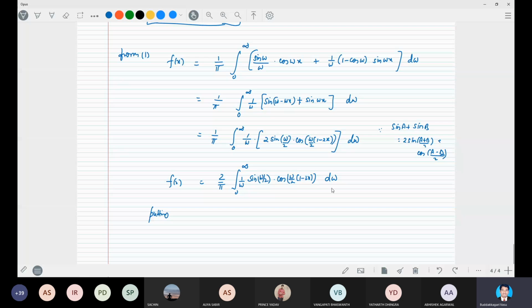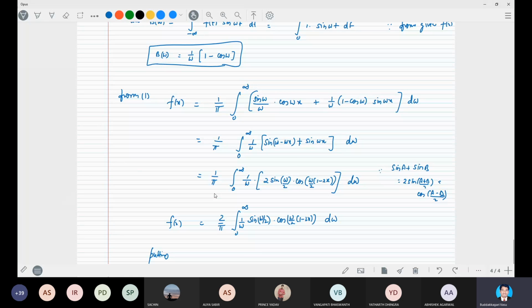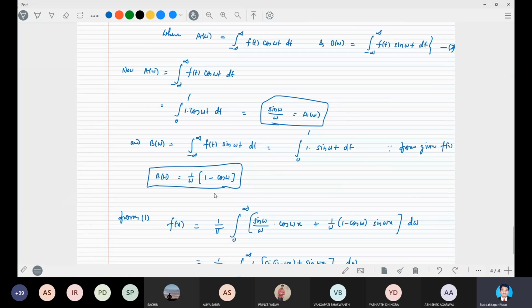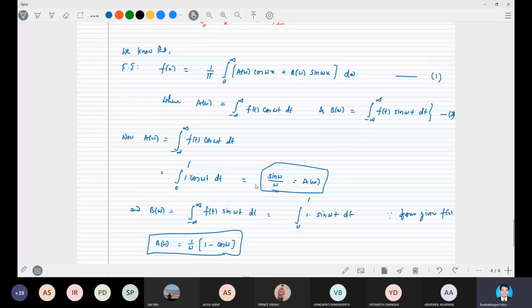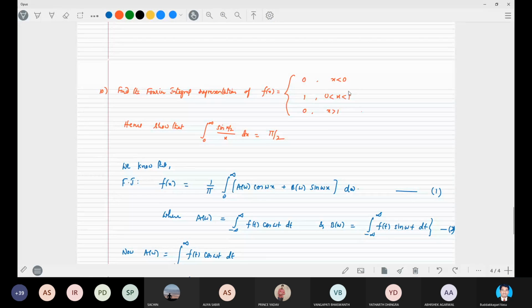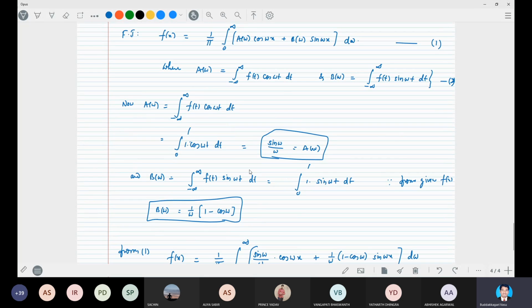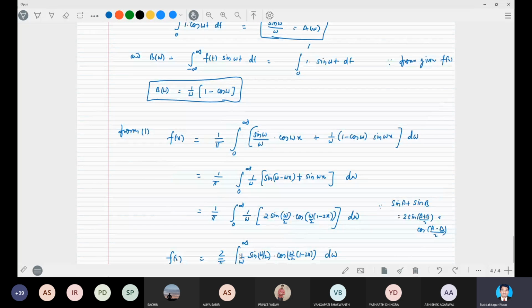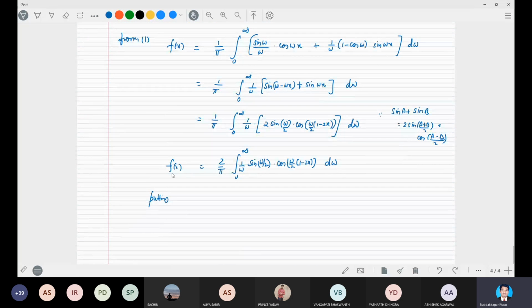I have to show the value. We know f(x) is given, and putting some value of x we can easily find out that the Fourier integral converges to f(x) at any point of continuity.